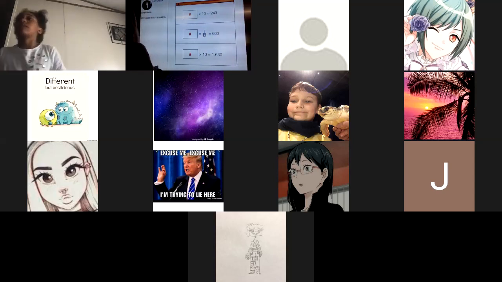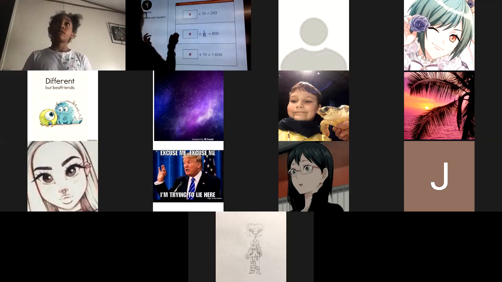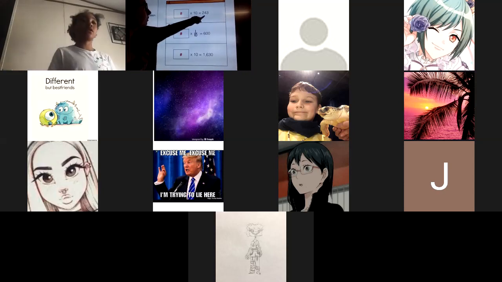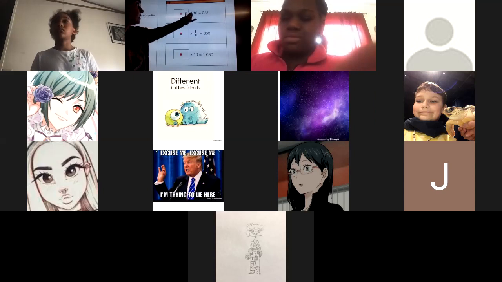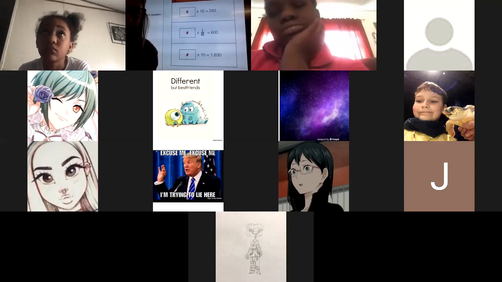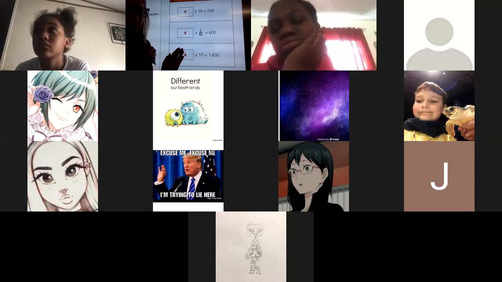Okay, so we are going to start, and I'm going to kind of just briefly explain what's happening here. So you have like a blank, and this is what you need to fill in. And then it says times 10 equals 243. So something times 10 equals 243. Well, typically when we solve that kind of problem, we have to do the opposite. We have to go backwards to solve it.